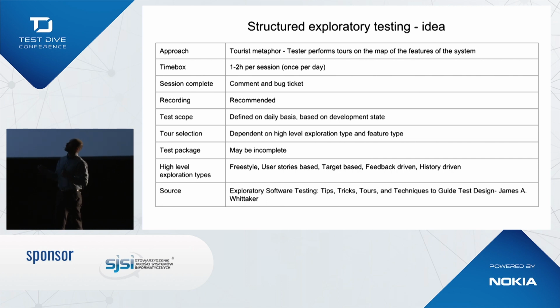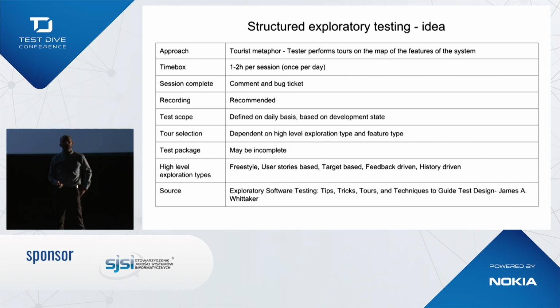It depends also on the high level of exploration, because the high level of exploration can be different. Can be freestyle, can be based on user stories, can be based on a specific target that we would like to achieve. Can be performed on feedback, so it is driven by the feedback, and on the history.